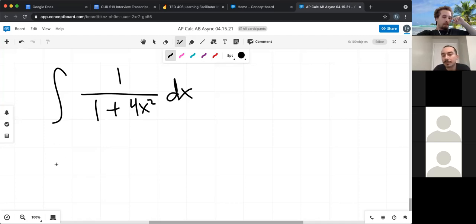I'm just leaving off the limits because I can't think of appropriate ones right now, and we only have a few minutes. So this will just be an indefinite integral. Okay, but does this kind of resemble any derivative we've seen before? Yeah, this one question Hugh did, I think yesterday.